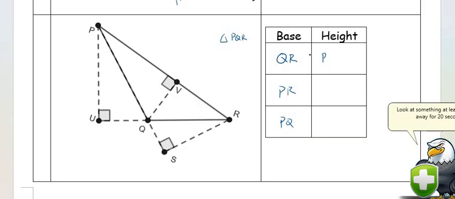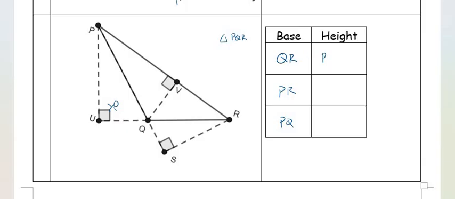It's just an extended base to help you find the height. So if you trace down over here, you find a perpendicular sign, and this one is the correct height, PU.